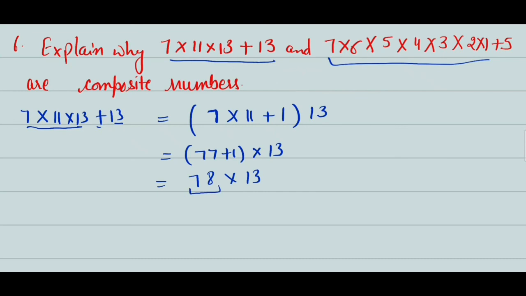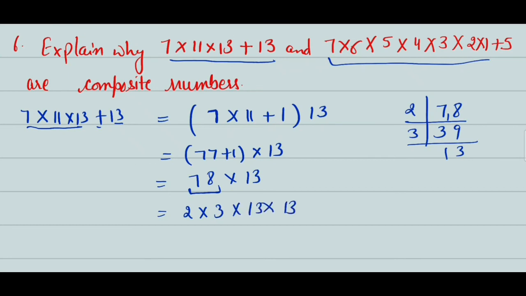Now we will find the factors of 78. We can write this number as 2, 39, then 3, 13. So here I can write this as 2 into 3 into 13 into 13, which is equal to 2 into 3 into 13 raised to power 2.